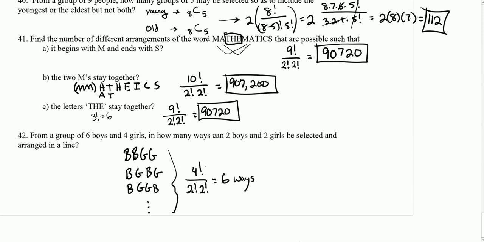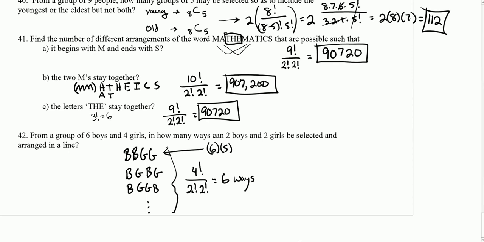Now each way we have some choices. So if say we do the boy, boy, girl, girl way, well, for the first boy slot we got 6 choices because there's 6 boys to choose from, and then 5 choices for the second boy slot. And so then there's 30 different ways we can arrange the boy, boy.